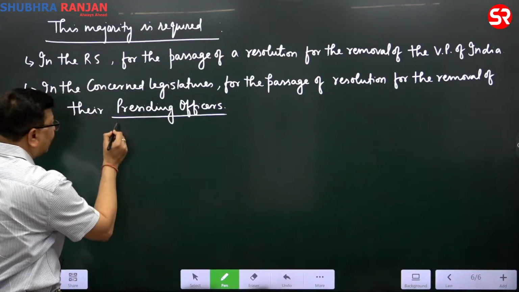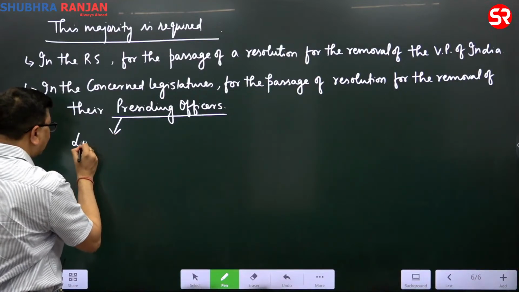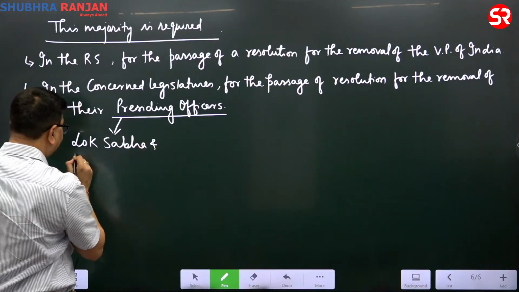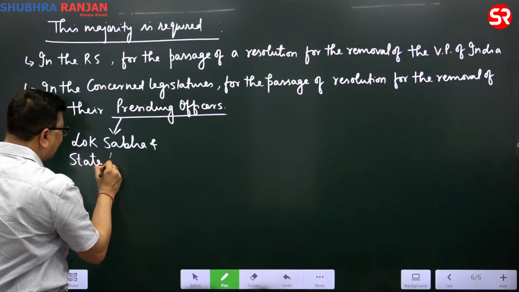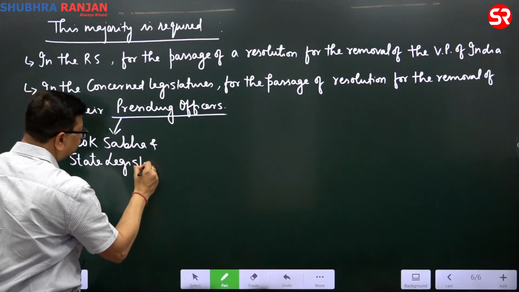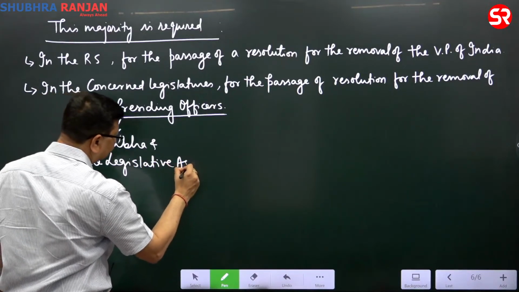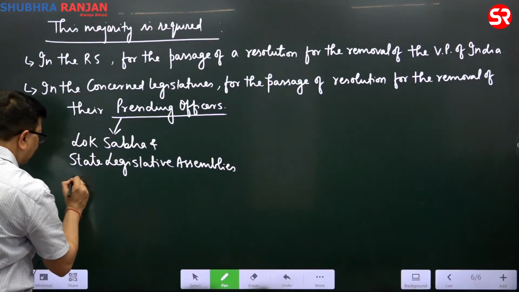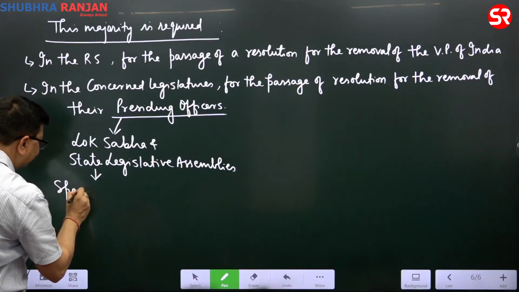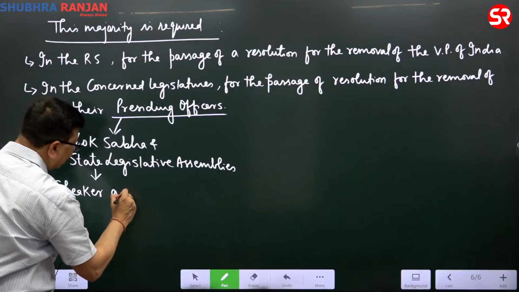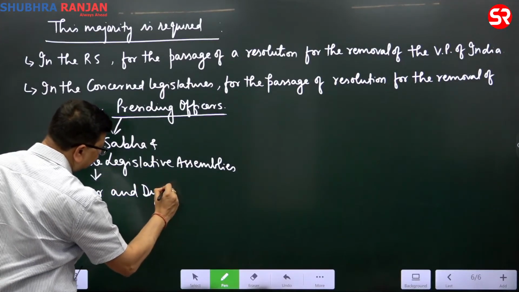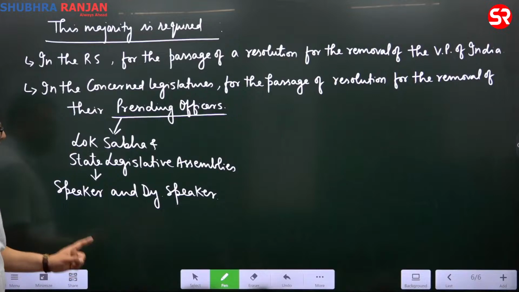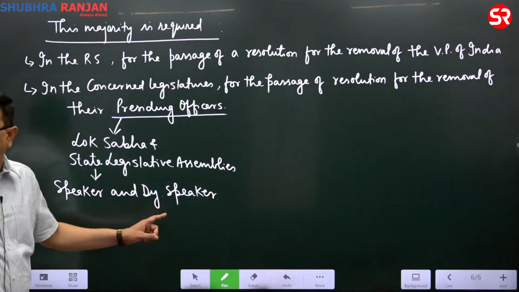Now, who are the presiding officers? In case of the Lok Sabha and state legislative assemblies, the speaker and deputy speaker are termed as the presiding officers.